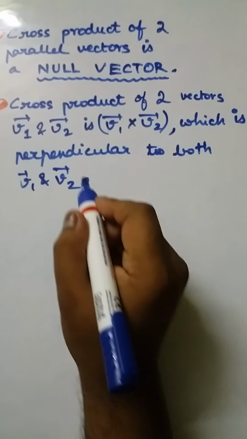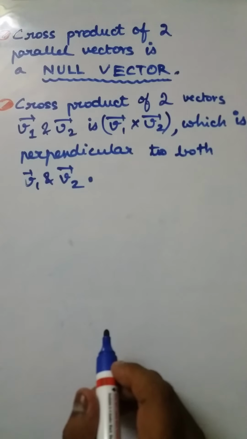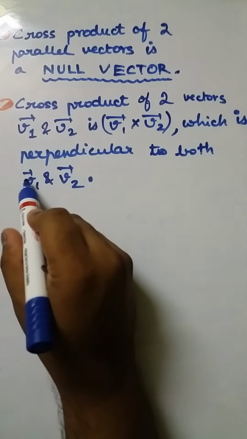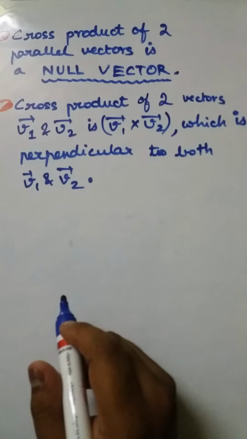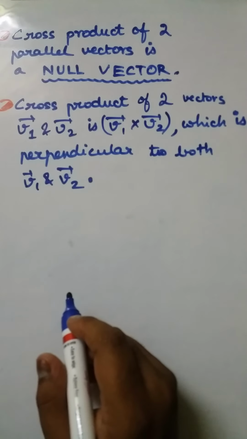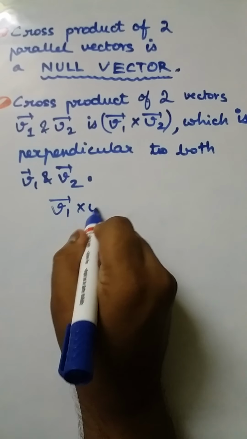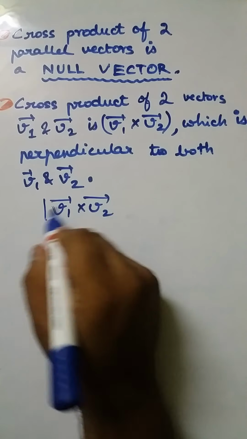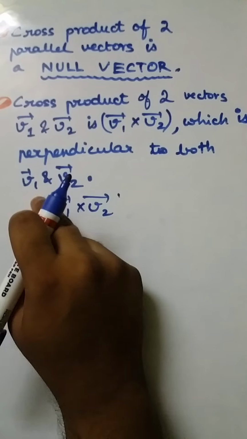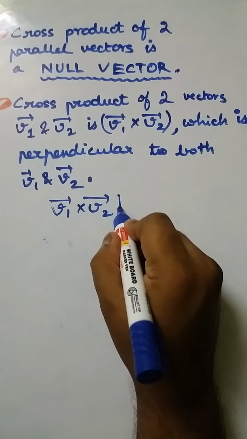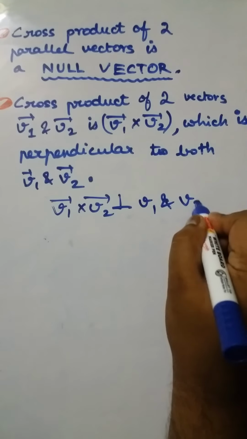This is very important. So if you are given two vectors v1 and v2 and you need to find a perpendicular vector to both v1 and v2, then the answer would be v1 cross v2. Okay, so v1 cross v2 is perpendicular to v1 and v2.